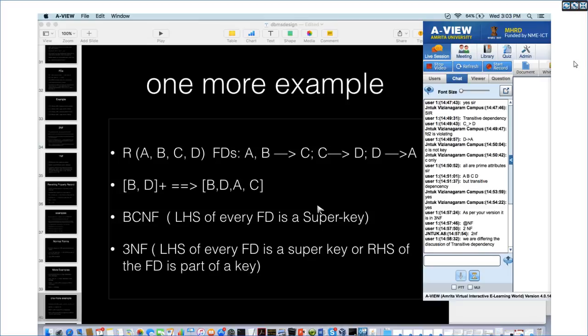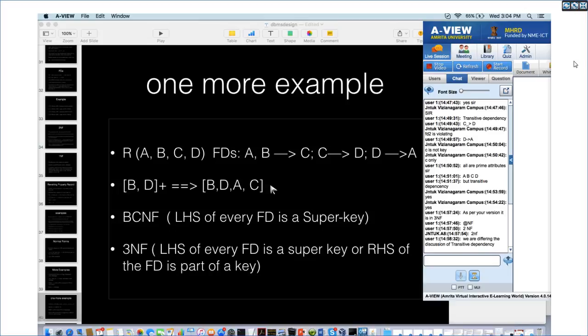I think A8 is also saying that it is in 2NF. I want you to go a little deeper and start understanding. That's why we are trying to make you think.